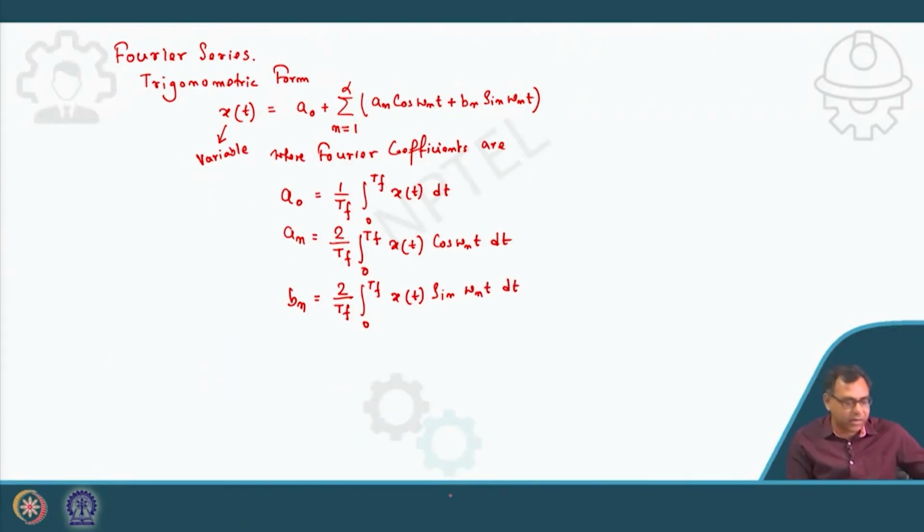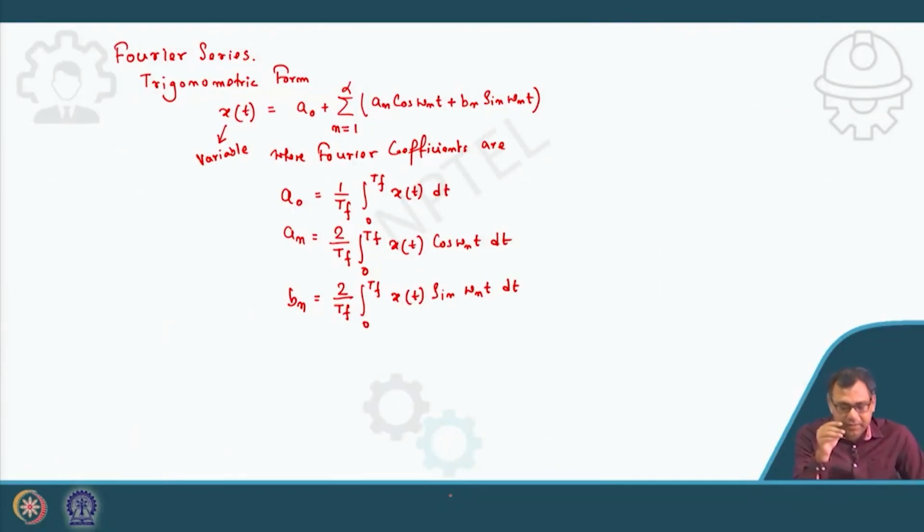From here, I will get the Fourier amplitude, and the plot between the Fourier amplitude and the frequency omega n is called the Fourier amplitude spectra. Okay, so that also I have discussed.